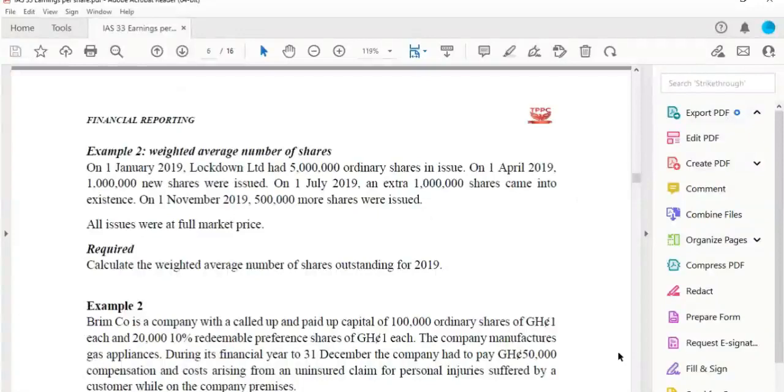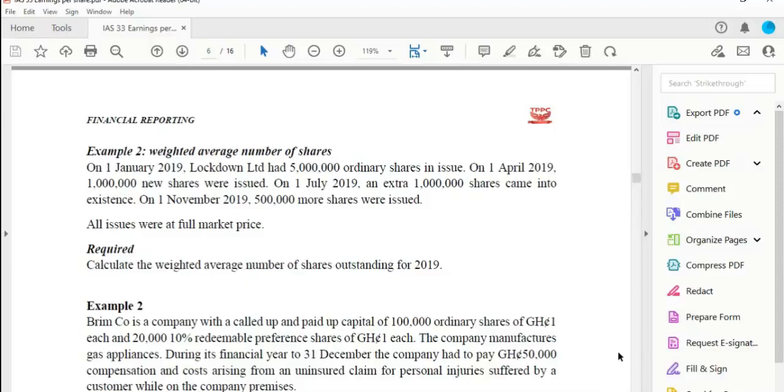1st January. Yeah. That's 5 million times 3 over 12. Okay, so meaning that 500,000 lasted for 3 months. January, 3 months. Yes. Okay. And then the 1 million, plus the 500,000 lasted for 3 months. So it's 1.5 million by 3 over 12.